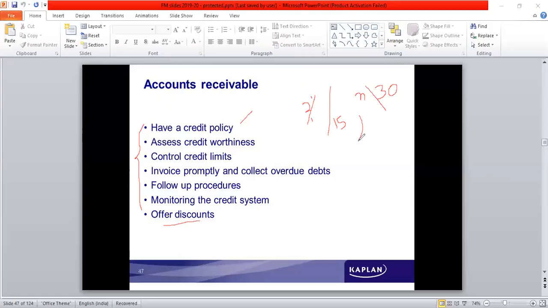So 1 week, 10 days, 15 days, something like that will be mentioned that if you want to avail a discount facility, you pay the amount within a defined period of time.